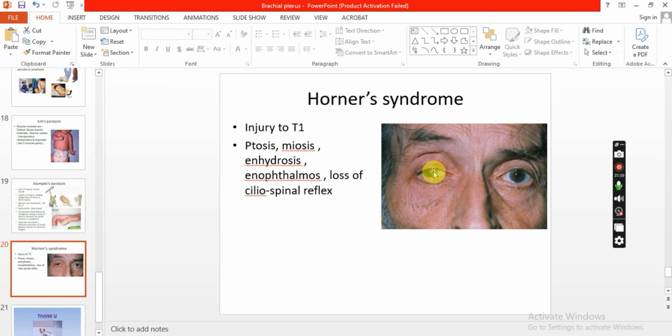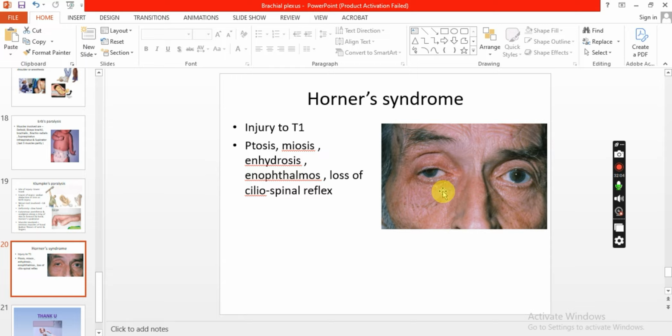Miosis means the constriction of the pupil. Here you can see the pupil, the darkest area within the iris, that is constricted. And anhidrosis means loss of perspiration, that is, loss of sweat.